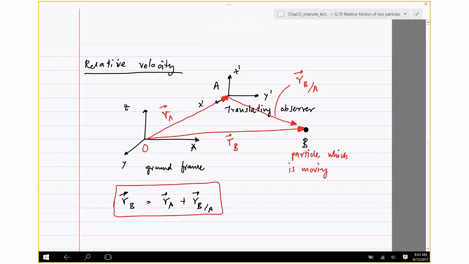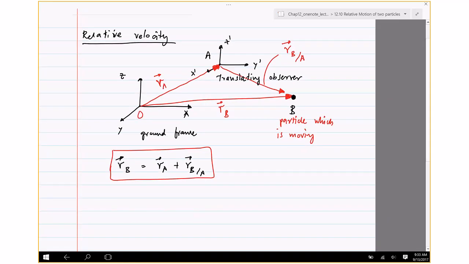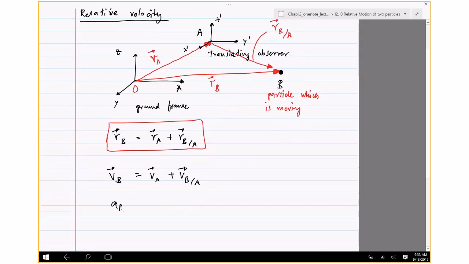So all you need to do in order to find the relative velocity is take the derivative. And then if you want to go a step further and find the acceleration, it's just the second derivative of position.